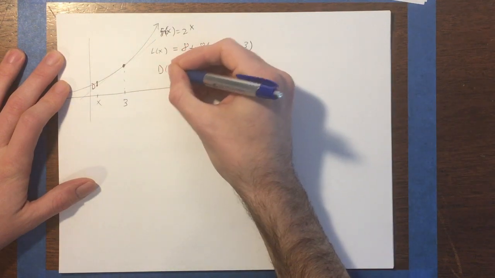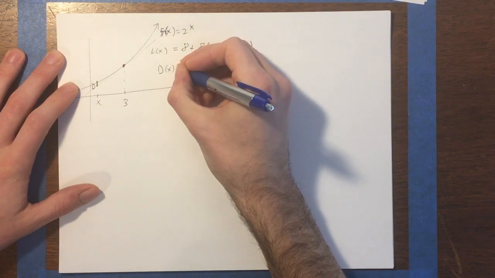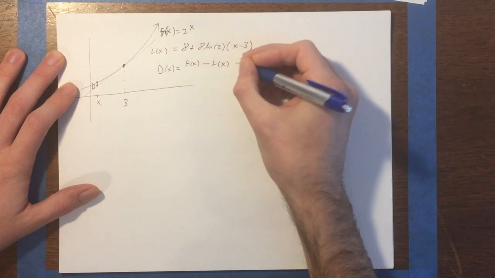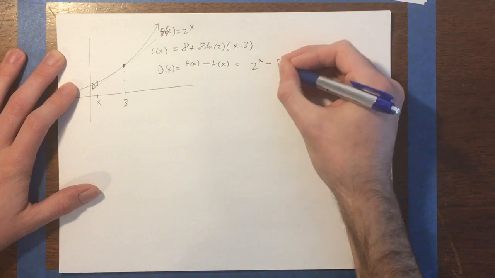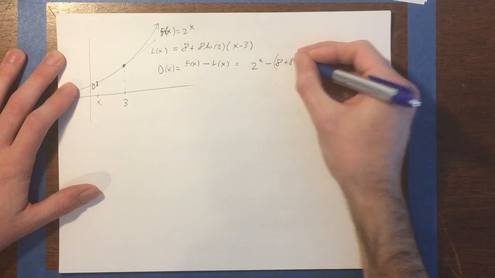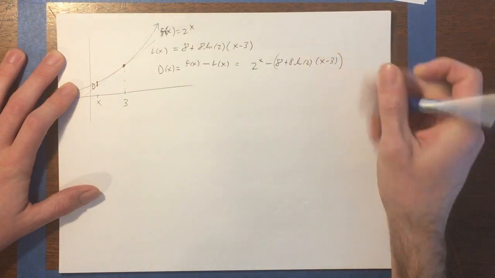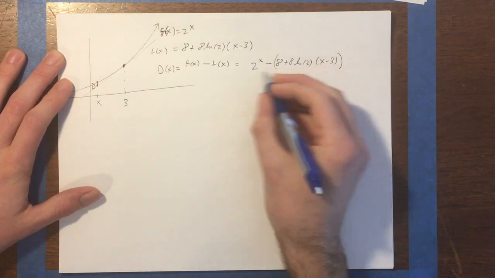That difference as a function of x is going to be f of x minus L of x. So that's going to be 2 to the x minus the 8 plus 8 natural log of 2 times x minus 3. Okay. So that's the difference.